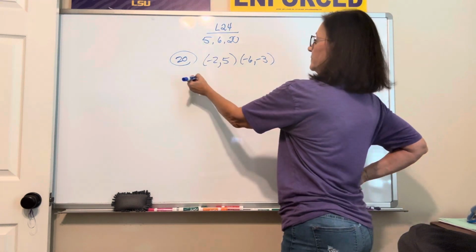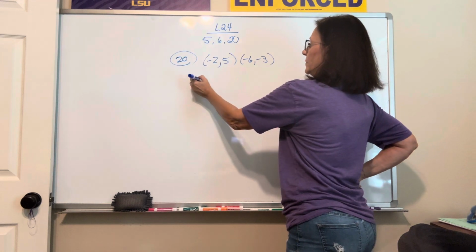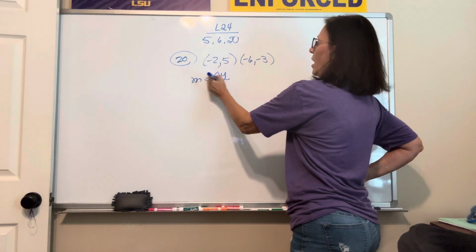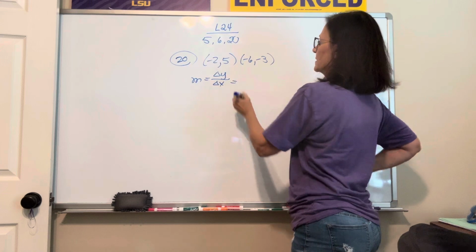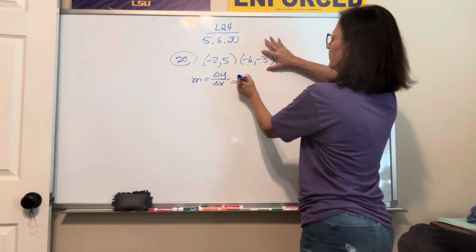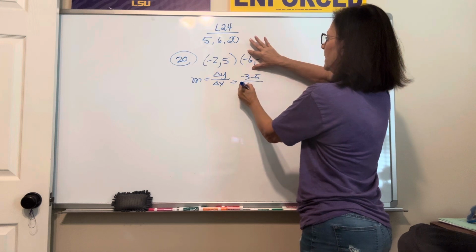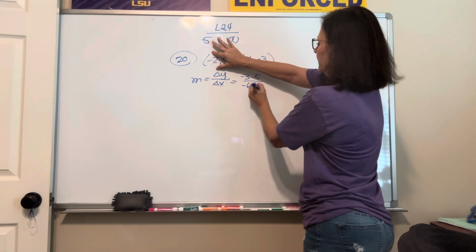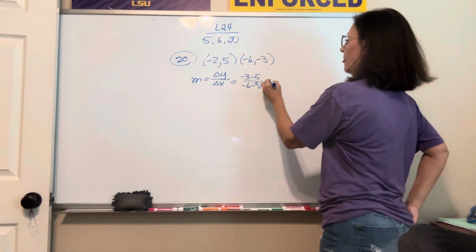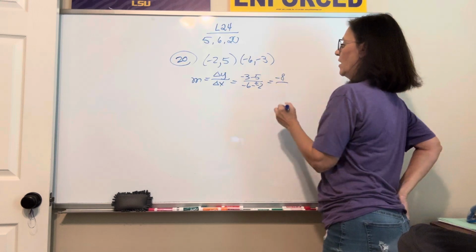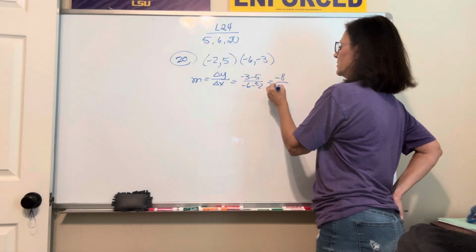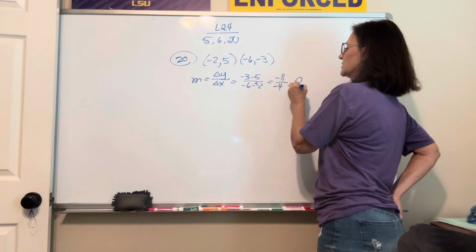The slope is the change in y over the change in x. So I'm going to start here: negative 3 minus 5 over negative 6 minus negative 2, that's going to be plus. So we have negative 8 over negative 6 plus 2, that's negative 4. So the slope is 2.